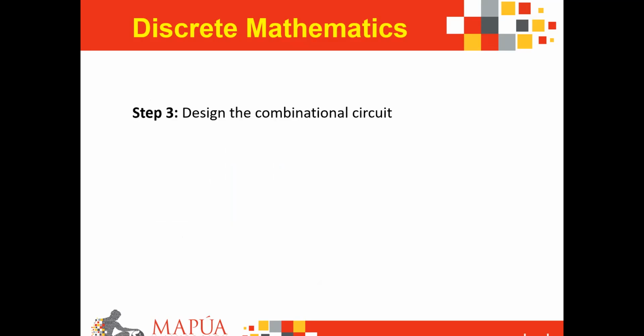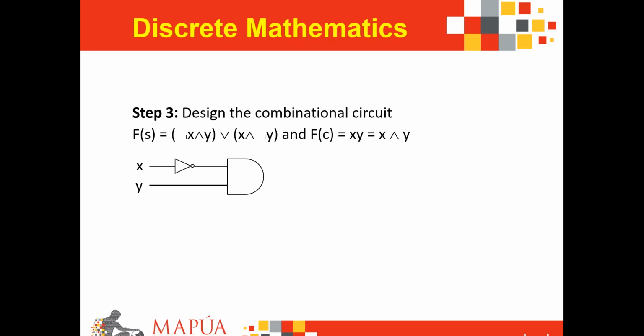If we design the combinational circuit for this propositional expression that we have for both sum and carry, we would end up with an X negated and connected to an AND gate, and your next input Y connected to the second input of your AND gate. Your X is then connected to another AND gate, your Y is negated and connected again to your AND gate.